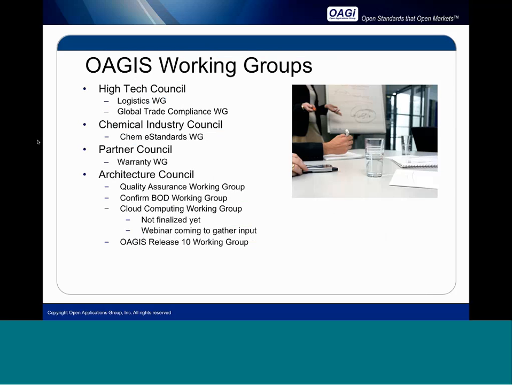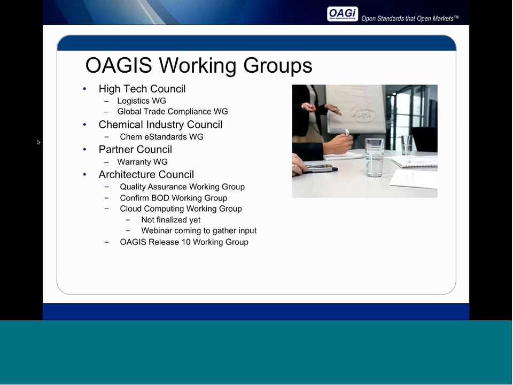OAGi has several working groups. So there's the High Tech Council with its Logistics Working Group and Global Trade Compliance Working Group. There's the Chemical Industry Council, and we've discussed its activities already. There's the Partner Council with the Warranty Working Group.